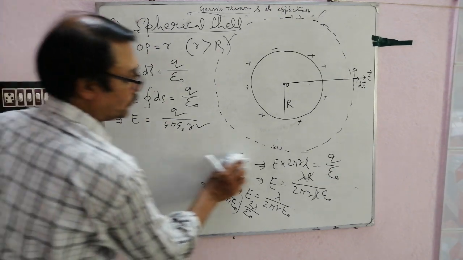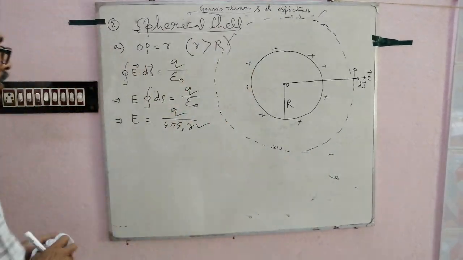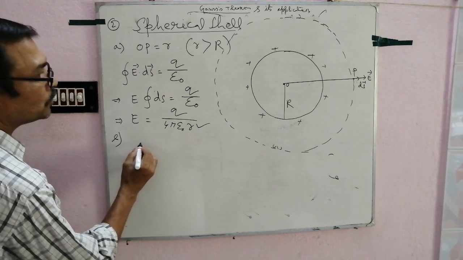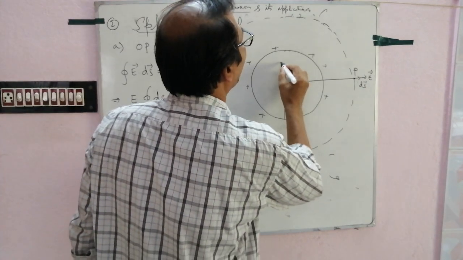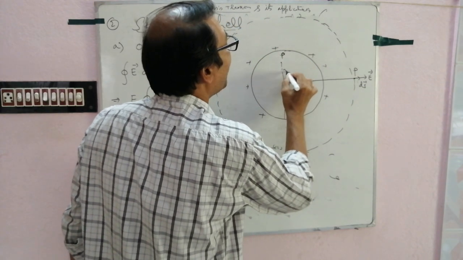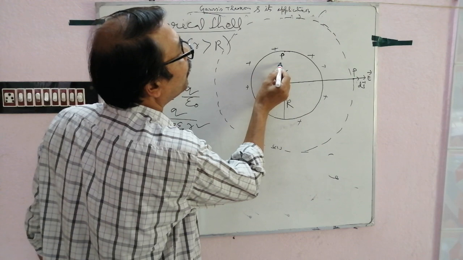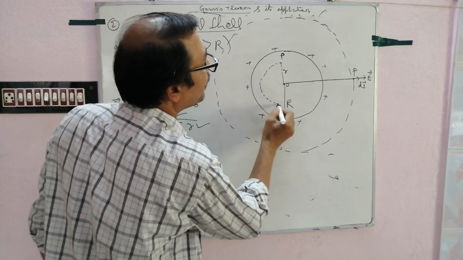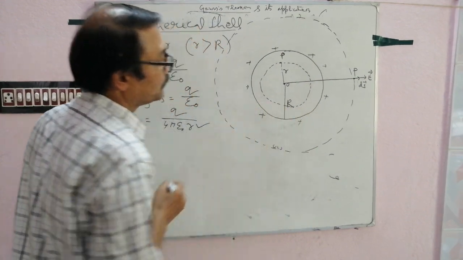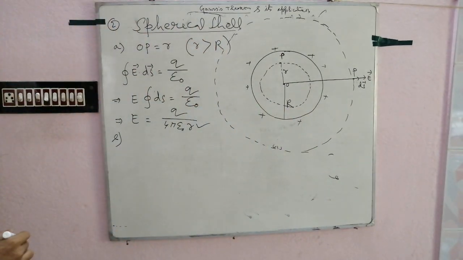Now, if the point is inside the cell, follow, here is a point P, OP is r. Now we draw a Gaussian surface in this way. This is the Gaussian surface.